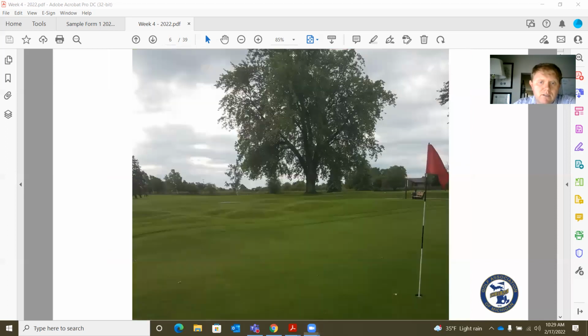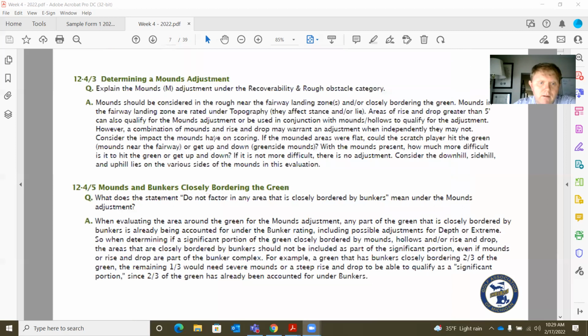So there's a specific section here that talks about bunkers closely bordering the green. It says: do not factor in any area that is closely bordered by bunkers under the Mounds adjustment.